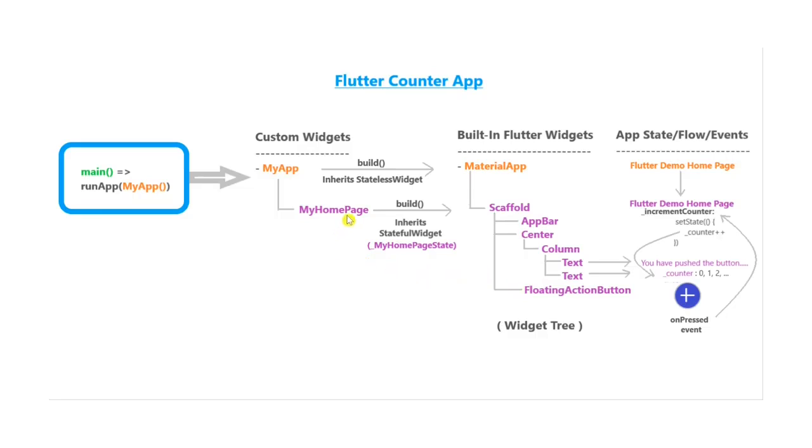So just to talk about the two types of widgets at a high level, you can have stateless or stateful widgets. Every time you want to maintain a state, and in response to a change in the state you want the UI to be updated, that's when you use stateful widgets like the MyHomePage that needs to maintain the counter and update the app every time the button is pressed.